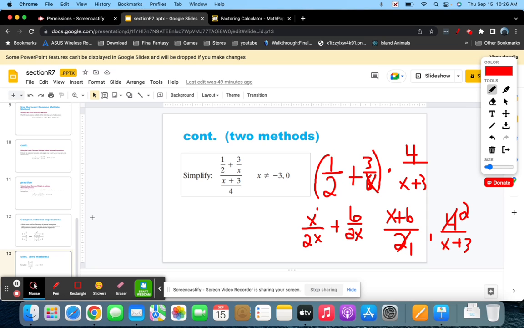So I'm going to write it over here, so that'd be 2x plus 12 over x plus 3. Or keep it separate. I'm not sure which one your teacher would like.